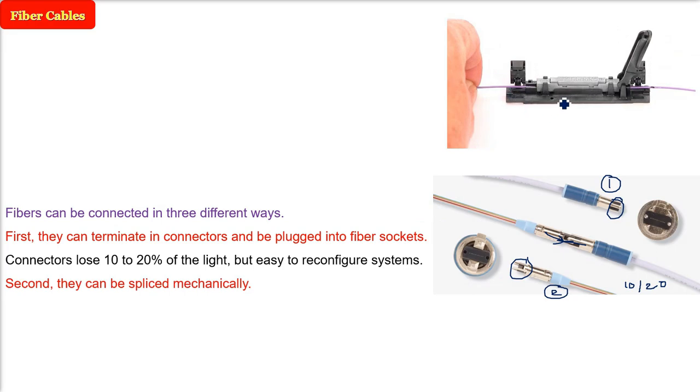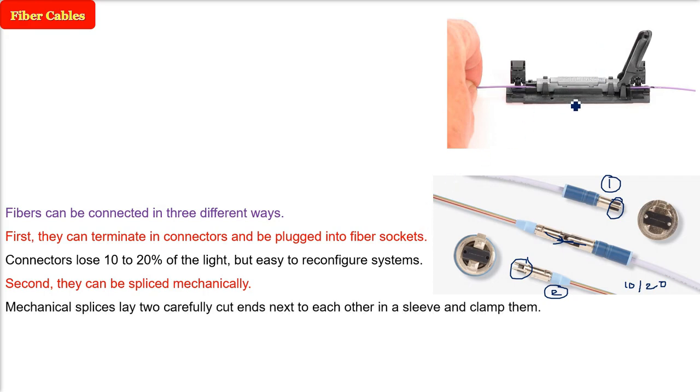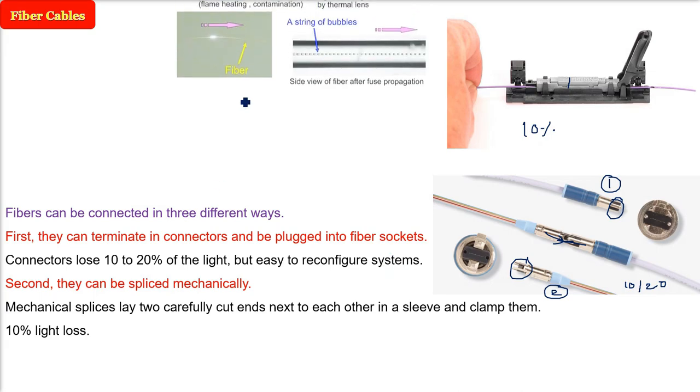Second, they can be spliced mechanically. This is a machine you see also. Mechanical splices lay 2 carefully cut ends next to each other in a sleeve and then clamp them. So 10% light loss is there, as against 20% in the first one.